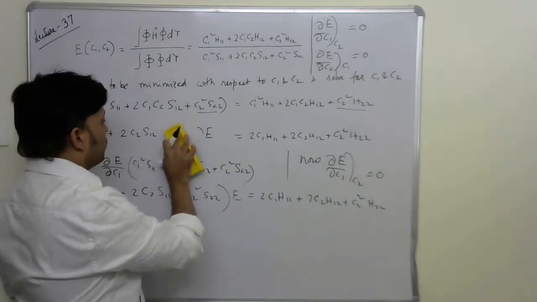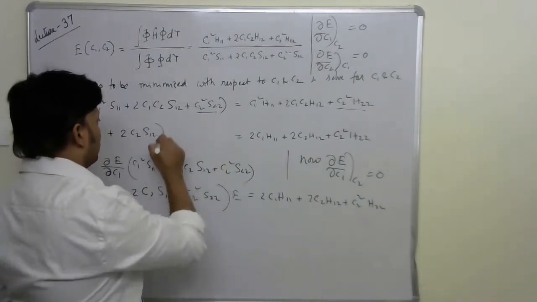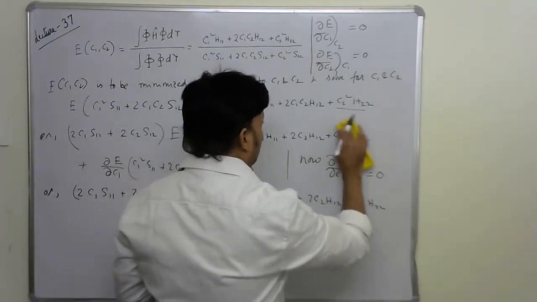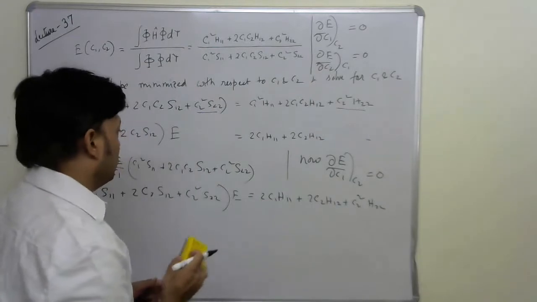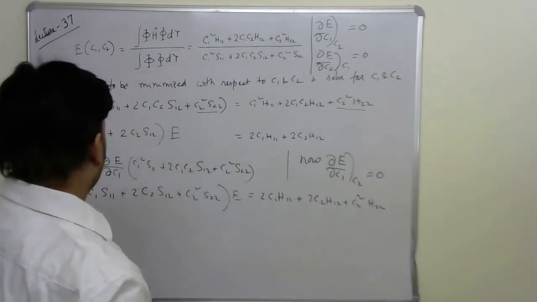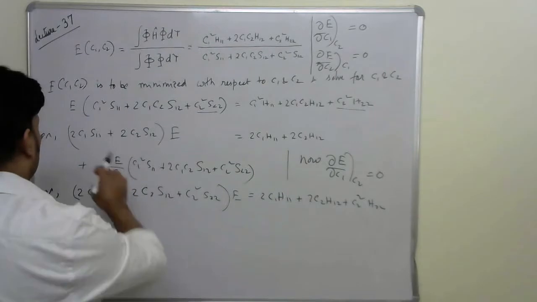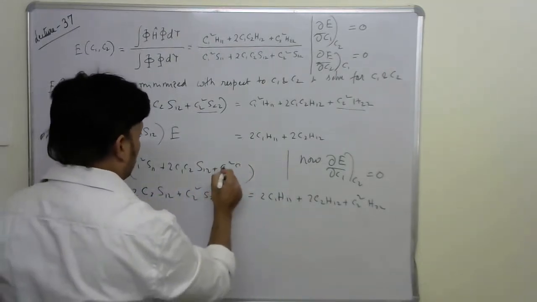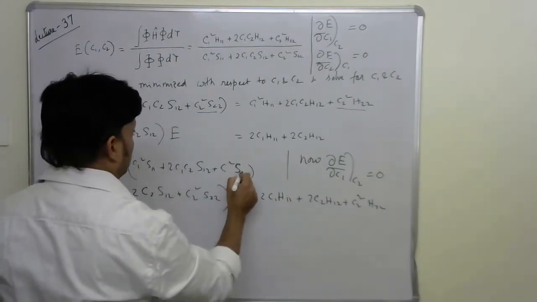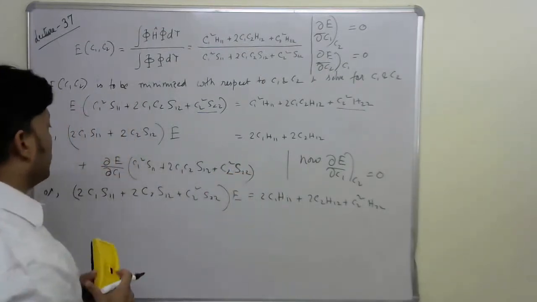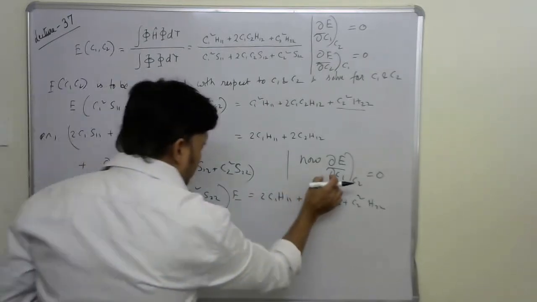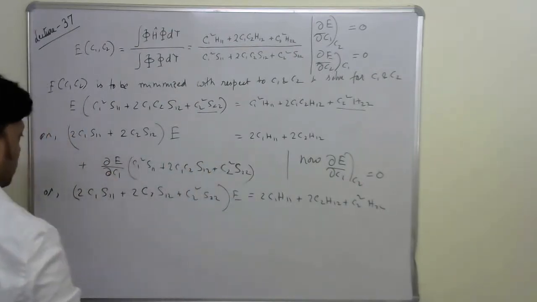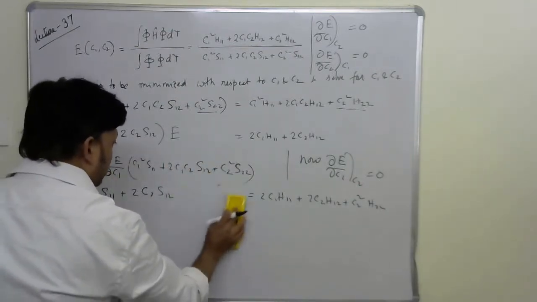So this part would not appear here. So the equation should be like this on the left hand side, and on the right hand side also this part should not be appearing, because this is 0. Now once del C1 is equal to 0, this part becomes 0. So we have finally this equation now.